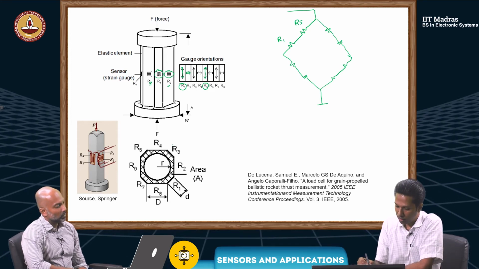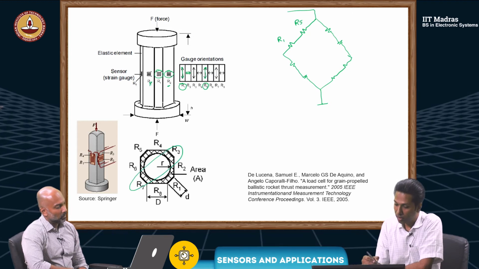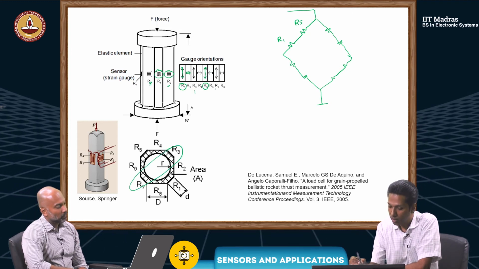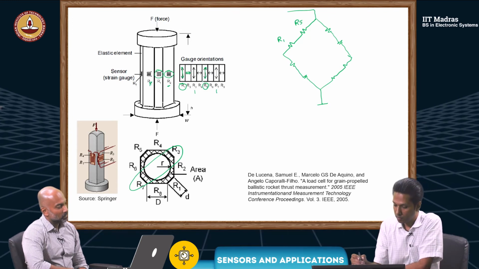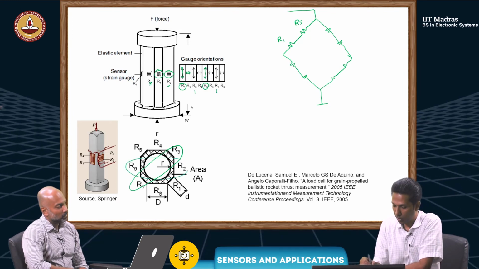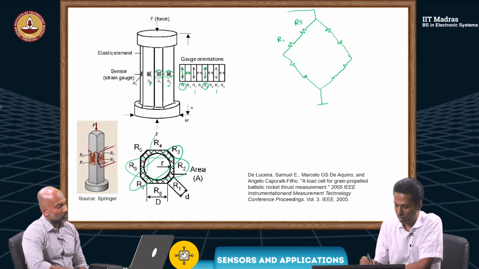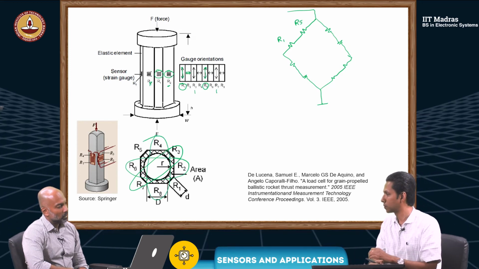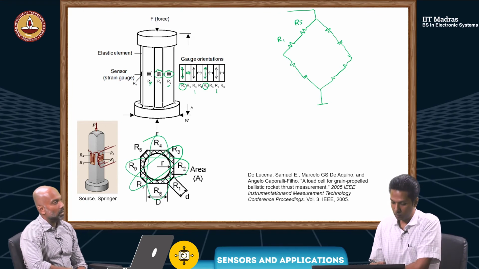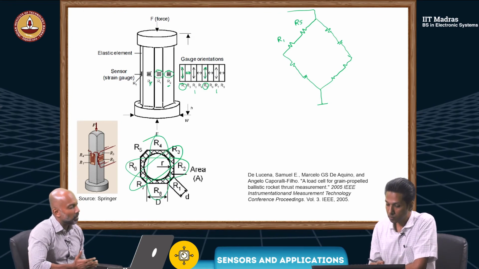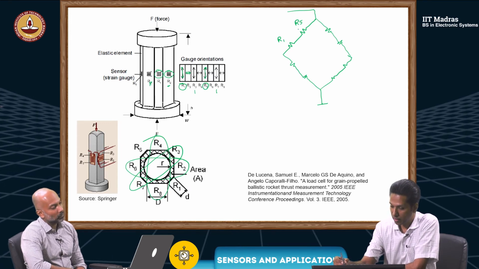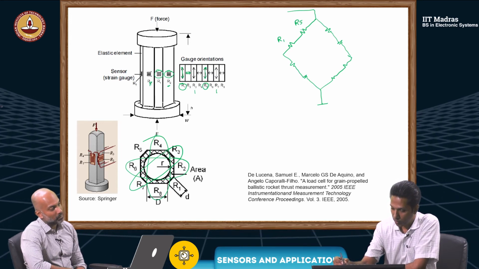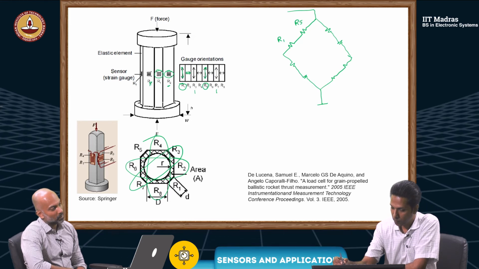Similarly, I can put maybe R3 and R7, let's say R3 and R7 in another branch. Okay. And so on. R2 and R6 in another one, and R4 and R8. But then R3 and R7 will have the opposite effect to R5 and R1. Yeah. So what we will do is, here we said they are going to increase. Add.